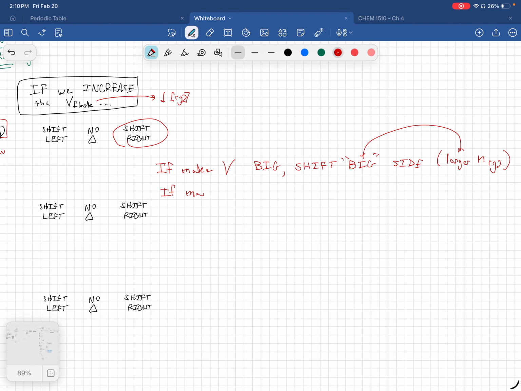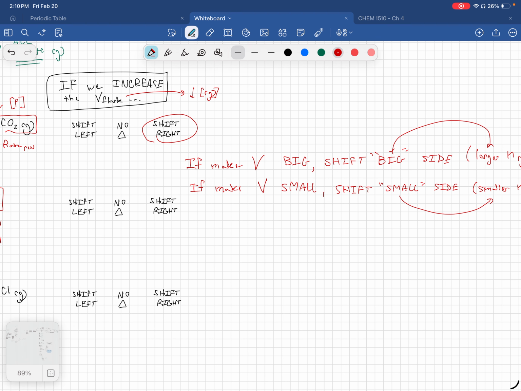If make V small, then shift small side. And so what does that mean? That means the side with the smaller moles of gas coefficient.